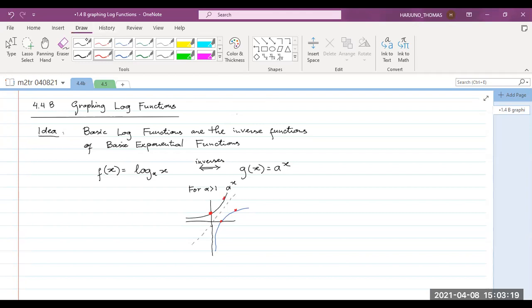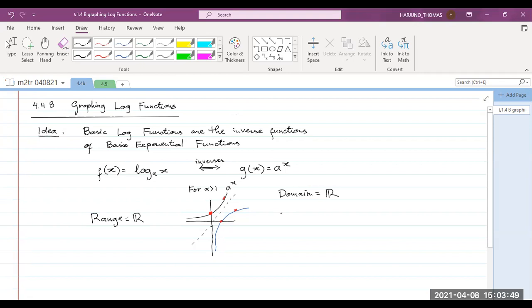You see? Consequently, the domain of the exponential function, which is all real numbers, becomes the range of the log function, which is all real numbers. Because they are inverse to each other, right? If two functions are inverse to each other, then the domain of one function is the range of the inverse.